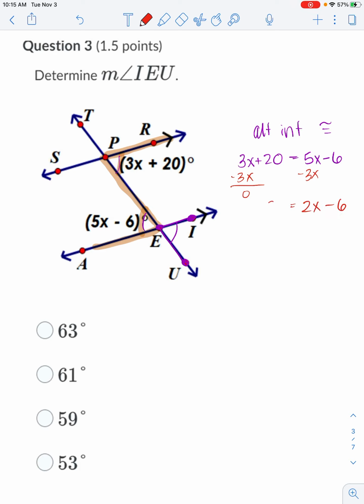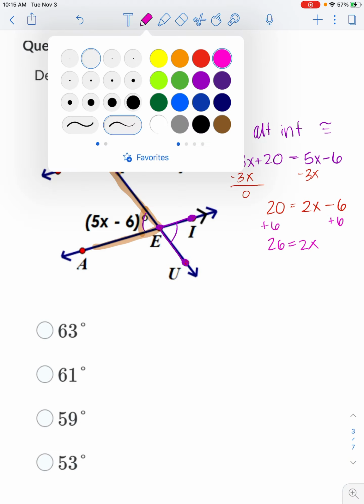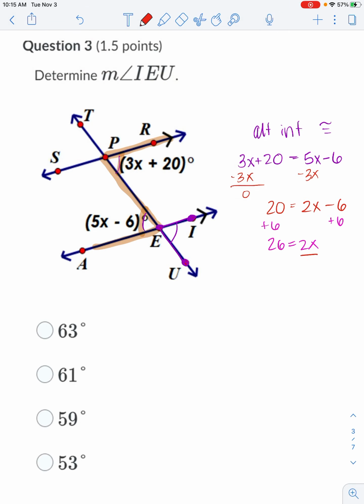In the next step, I'm going to add 6 to both sides. So we get 26 equals 2x. Next, to get rid of that 2, I would divide both sides by 2, and we get 13 equals x. Now, I want to use this information to find our missing angle.